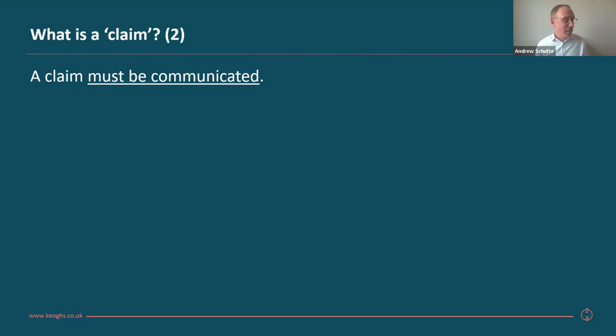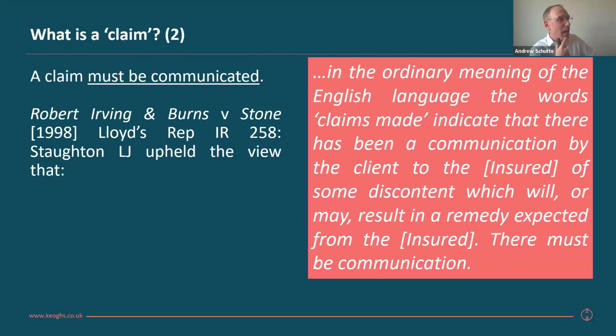It can't just be somebody angrily sounding off in the mirror like Travis Bickle. It's got to be communicated from one person to another. So, as Lord Justice Staughton said, the ordinary meaning of the words claims made means that there's been a communication by the third party who wants to make the claim to the insured that they're not happy, that may result in a remedy from that insured.